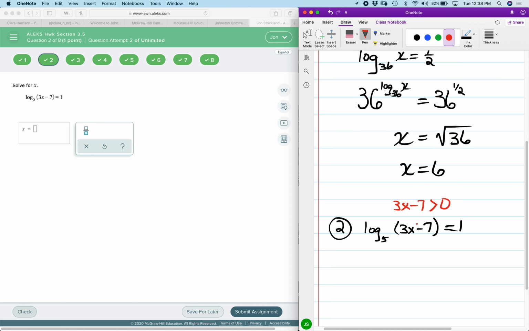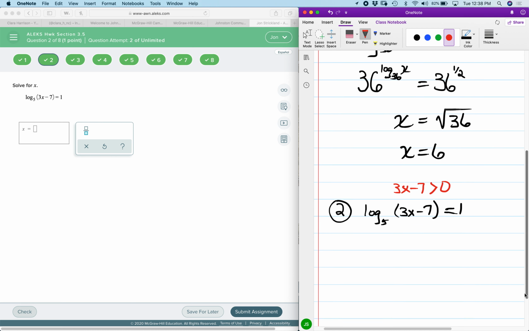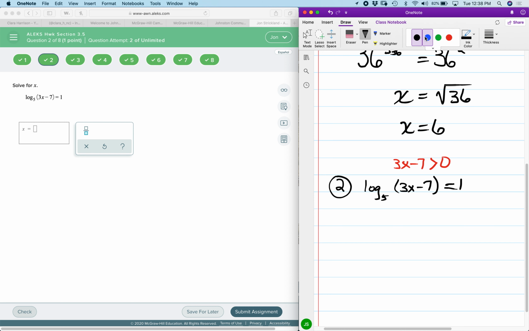That binomial is the argument for this logarithmic term. Now, we're going to free up the 3x minus 7 from the base 5 logarithm, and again, we're going to apply what we just used for number 1. So we apply the exponential base, which will match up with the logarithmic base, and we'll treat both sides as powers to which the exponential base 5 is going to be raised.